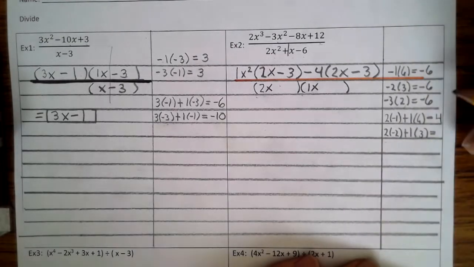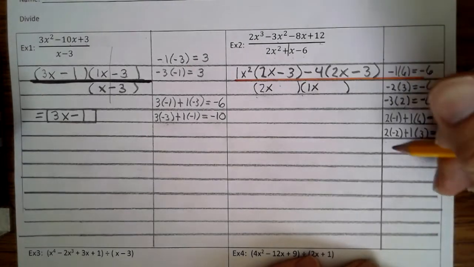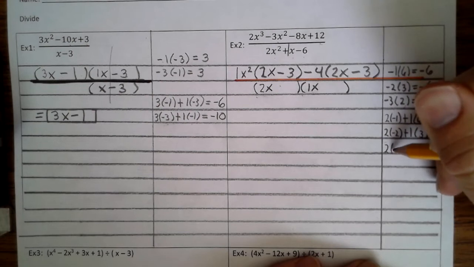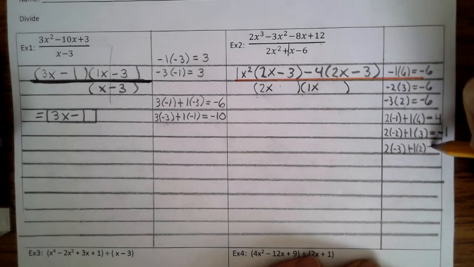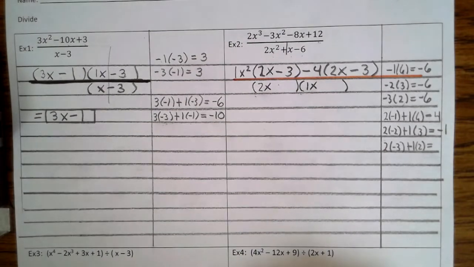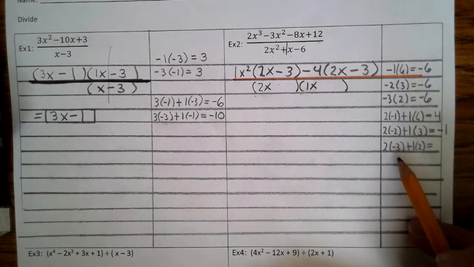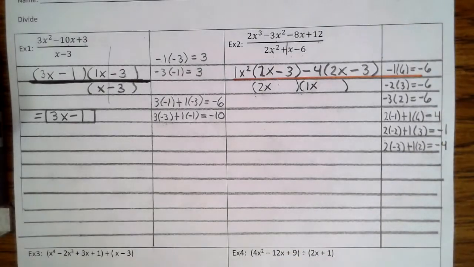So now let's try 2 times negative 3 plus 1 times 2 is 2 times negative 3 is negative 6 plus 2 is negative 4. But wait, I notice here that I get negative 1, but I need a positive one.